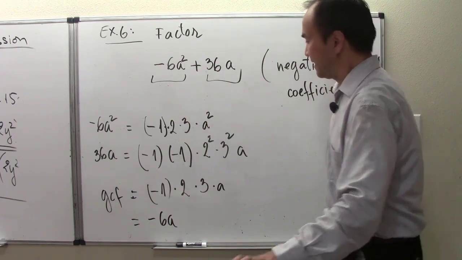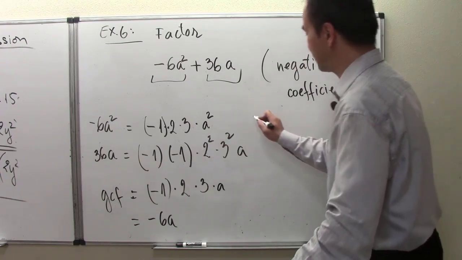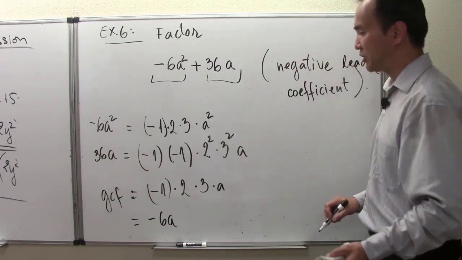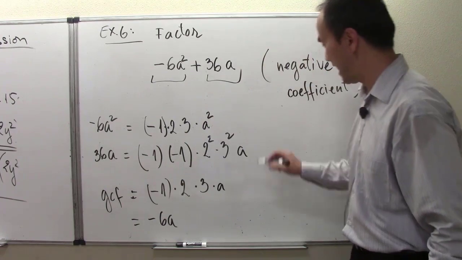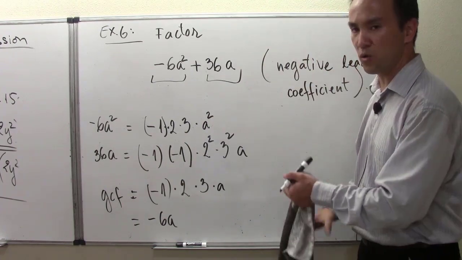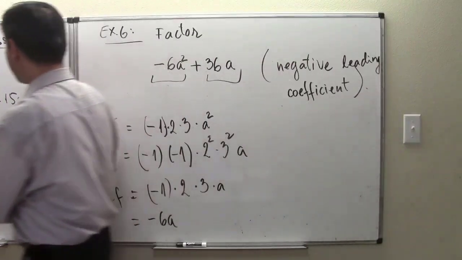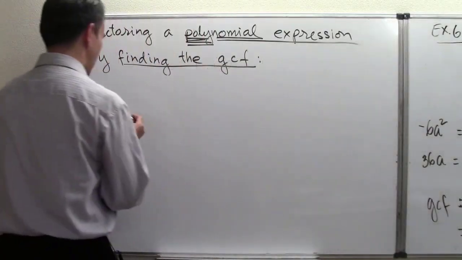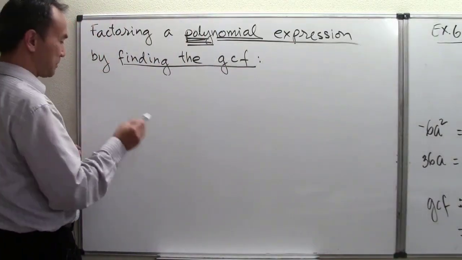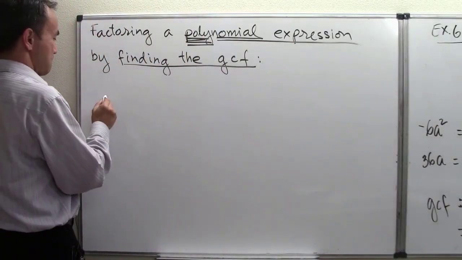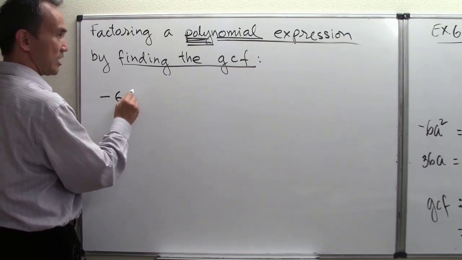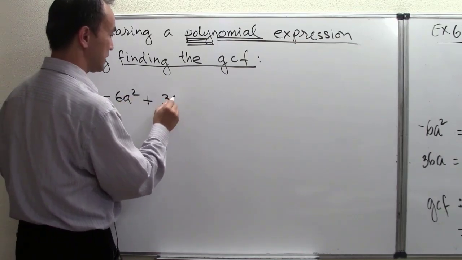All right. After breaking it down and finding the GCF, here's how we can see the work on our problem. Back on my board, I need a lot more space this time. So, minus 6a squared plus 36a.